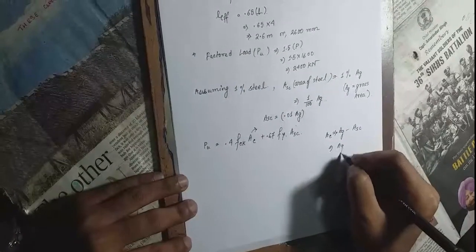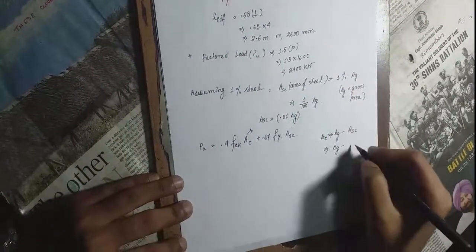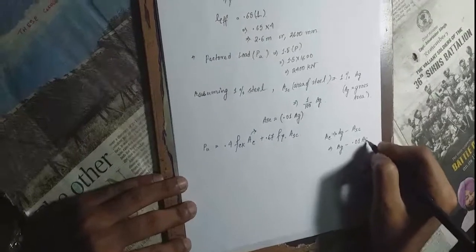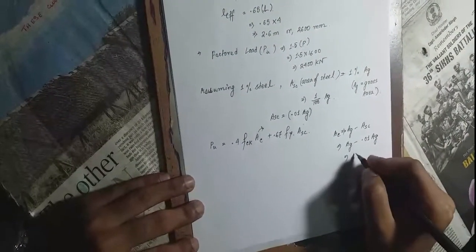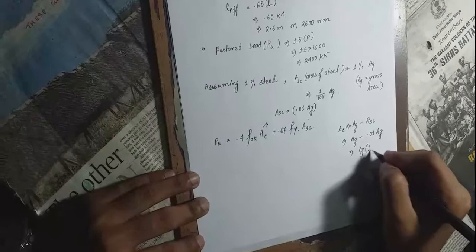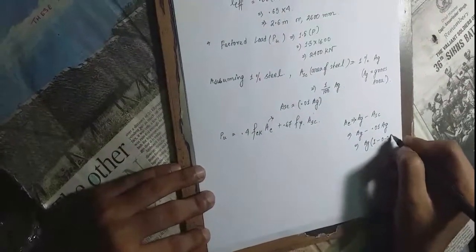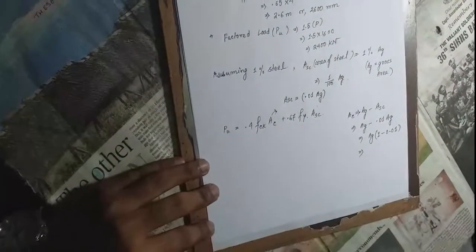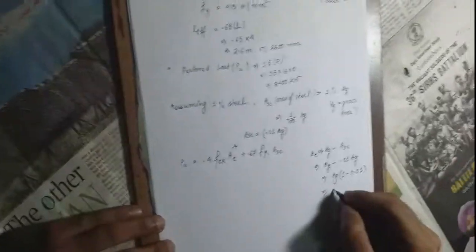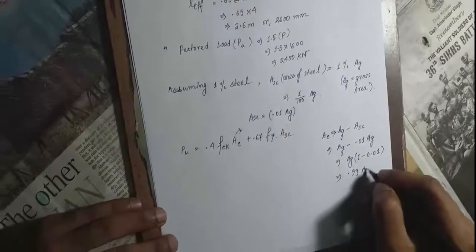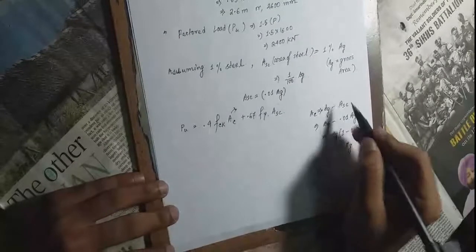So if you take that AG, and we know that ASC is 0.01 of AG, then AC actually comes as 0.99 of AG. So I can put it here.